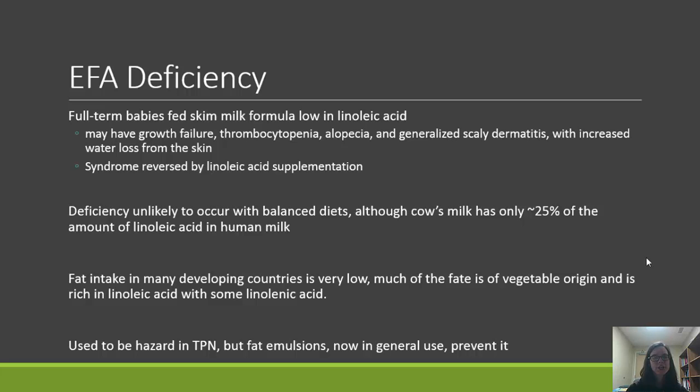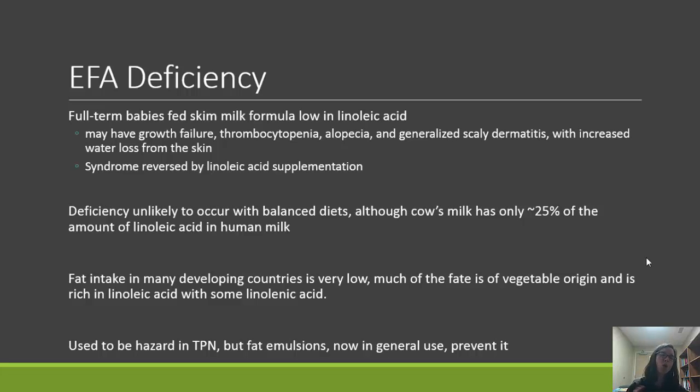even in countries where maybe food supply isn't as adequate as it should be and fat intake isn't as adequate as it should be, the fats being consumed are actually more likely to be of vegetable origin than the fats that we consume in the Western diet. And fats that are consumed from vegetable origin are more rich in linoleic acid and some linolenic acid.